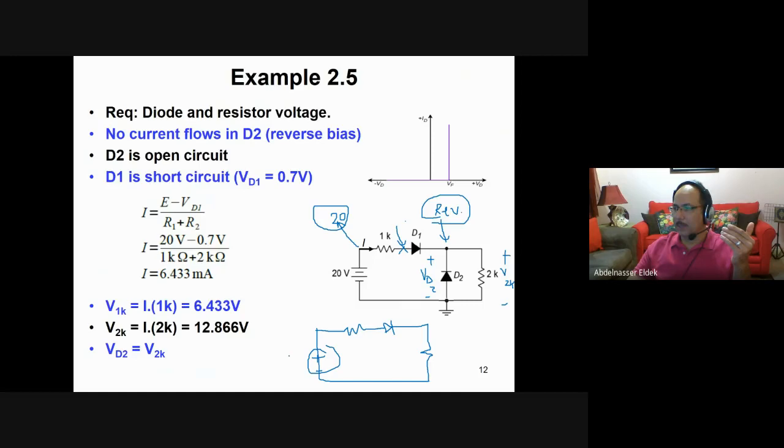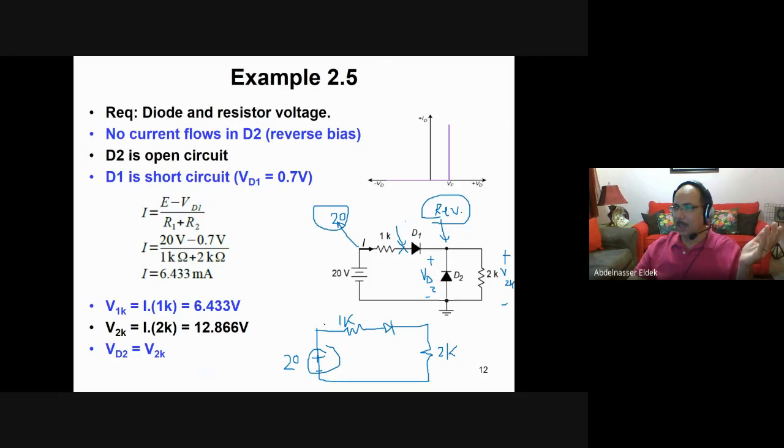This one is 20 volts, and you have this 2K and this 1K. Now you don't have D2 because, as I said, the second diode is reverse bias. So it is an open circuit. Since it's an open circuit, you can remove it.